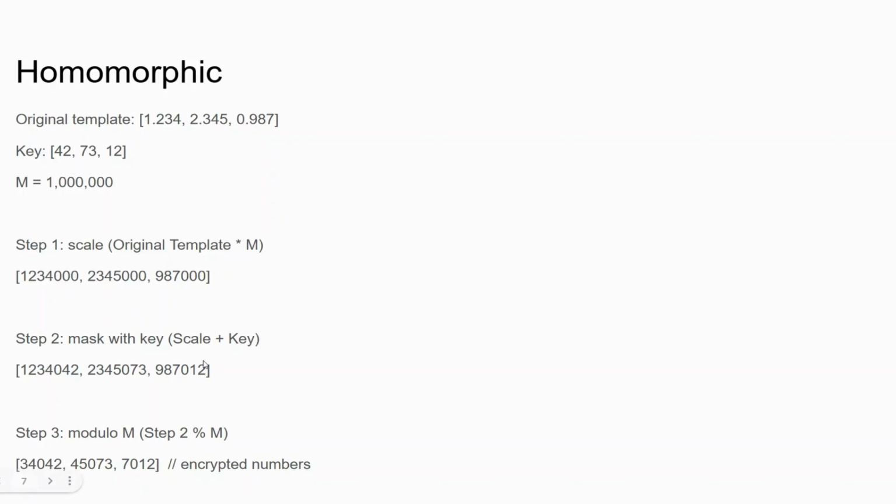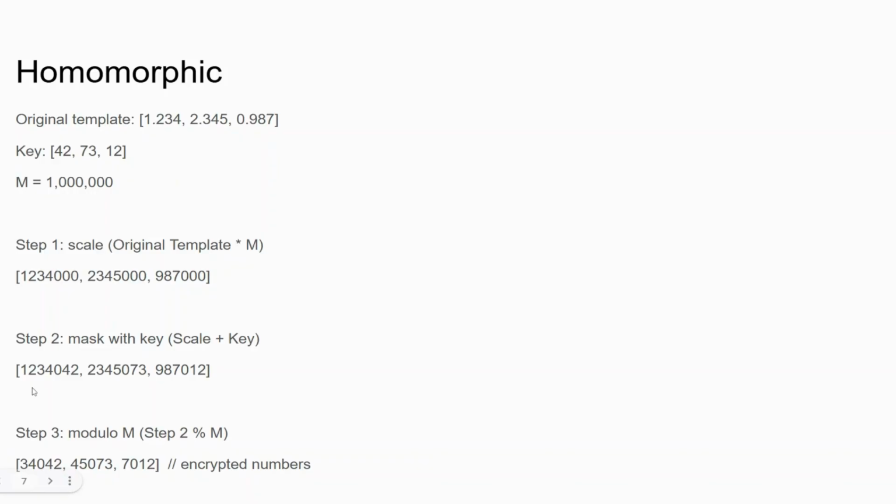And then the last step is you're going to take your output from step 2 and take the remainder of that number with respect to M. So the remainder of 1,234,042 modulo a million would be 234,042. And that's what we're doing.